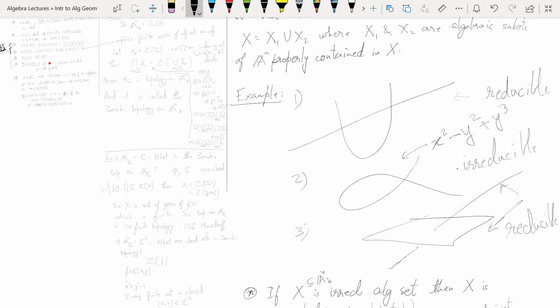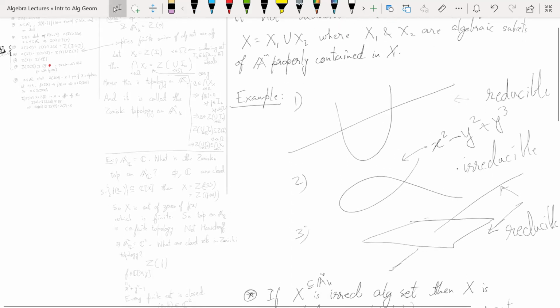So the middle one is irreducible, the others are reducible. Now you can take a line, which will also be irreducible. This will be given by some polynomial.